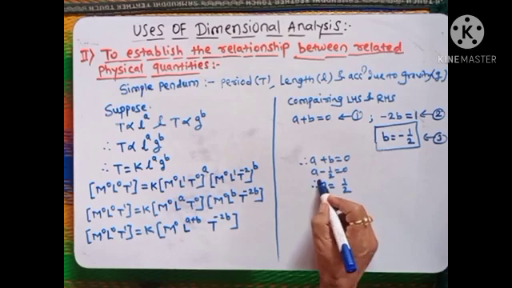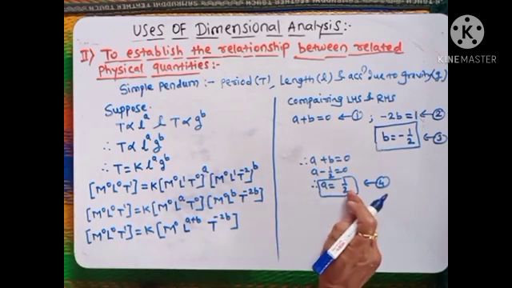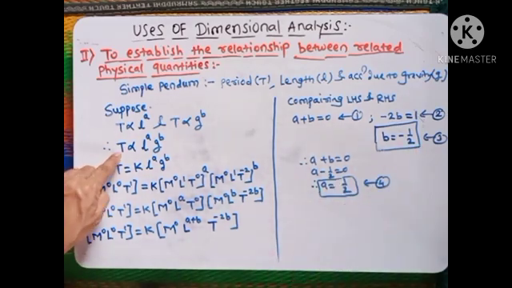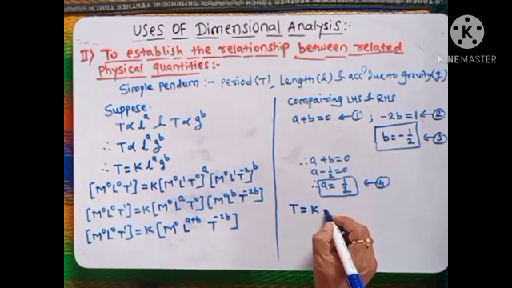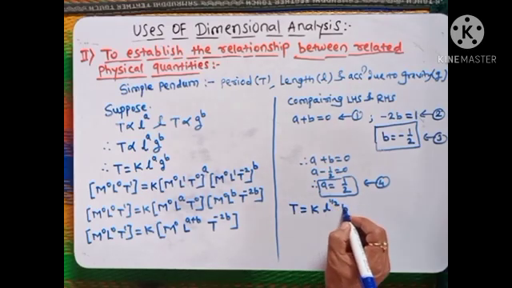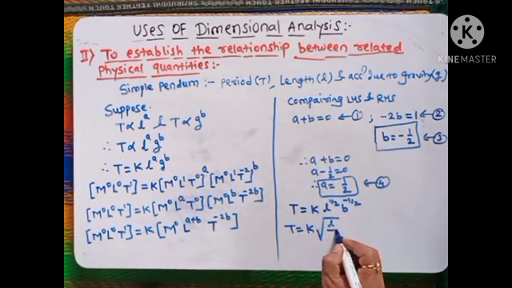This is the value of A. Suppose equation number 4: if we put the values A equal to half, B equal to minus half in this equation, then we can write T is equal to K, L raised to half, g raised to minus half, or T is equal to K into square root of L upon g.